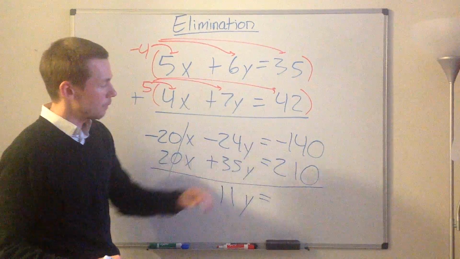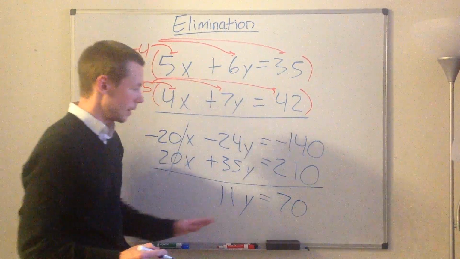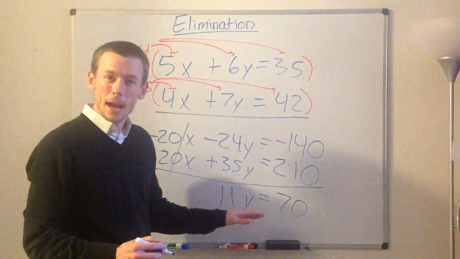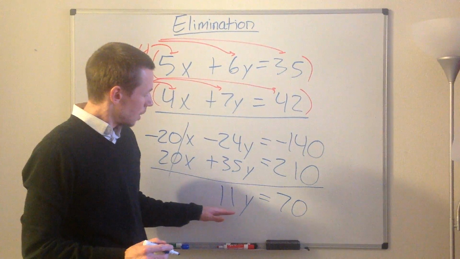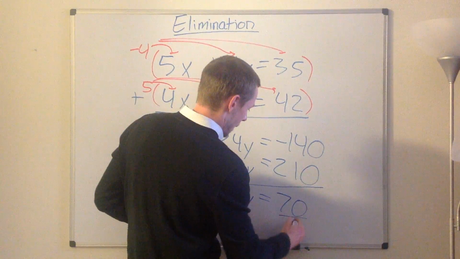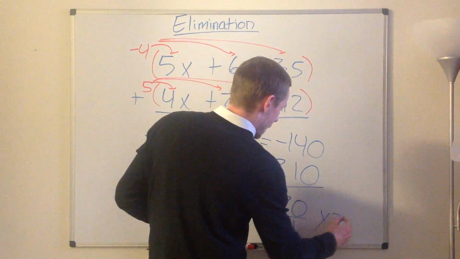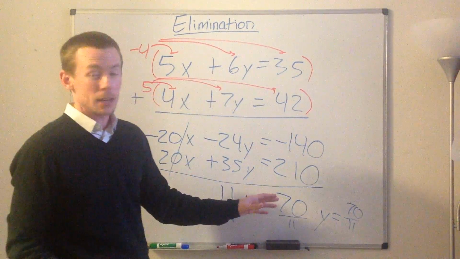And then negative 140 plus 210 is 70, and we could then go on from there. We get a fraction. The answer here might be a little messy, but in fact, the answer is y equals 70 over 11.